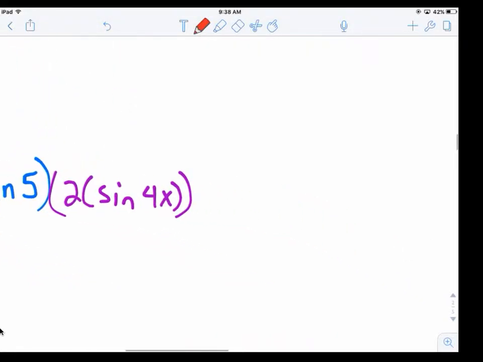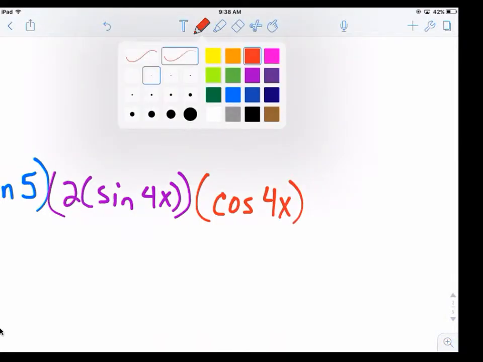Now the derivative of sine gives you what? Cosine of 4x, and then the derivative of 4x.